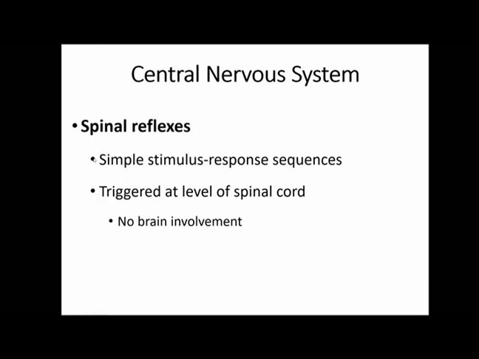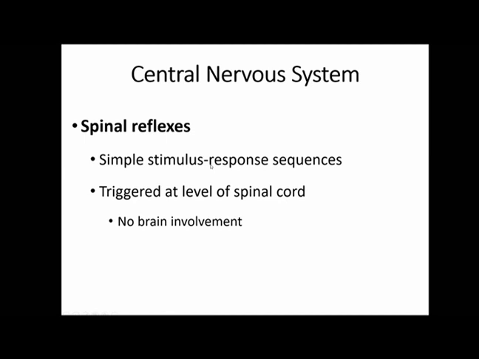And so now we're actually going to bounce back and talk about those spinal reflexes in just a smidge more detail. So spinal reflexes, or a reflex arc, you may have seen them called in another class, these are going to be simple stimulus response sequences. So stimulus meaning that you are sensing something using those sensory receptors outside of the body, and response meaning that you're going to do something because of the stimulus.